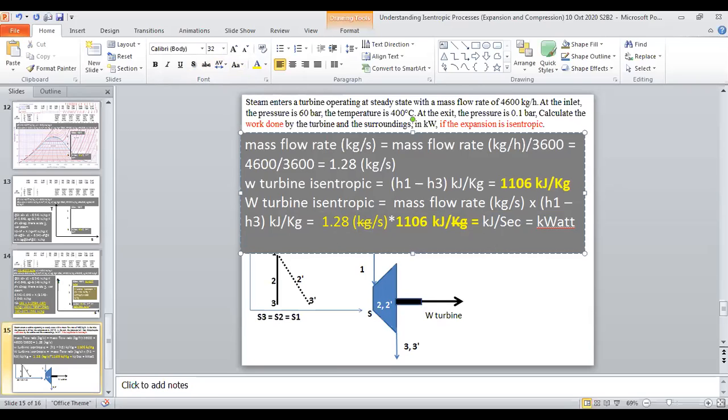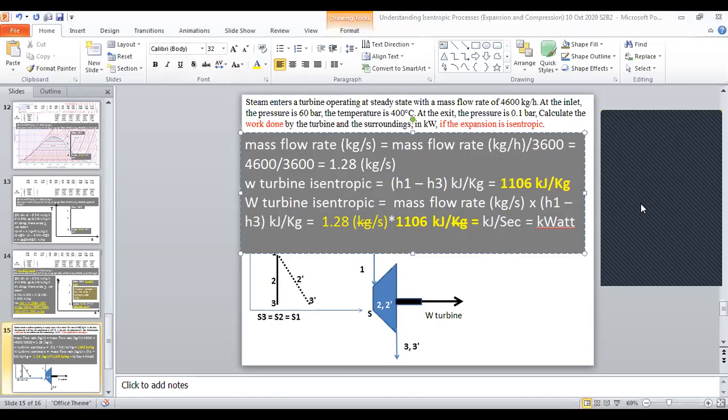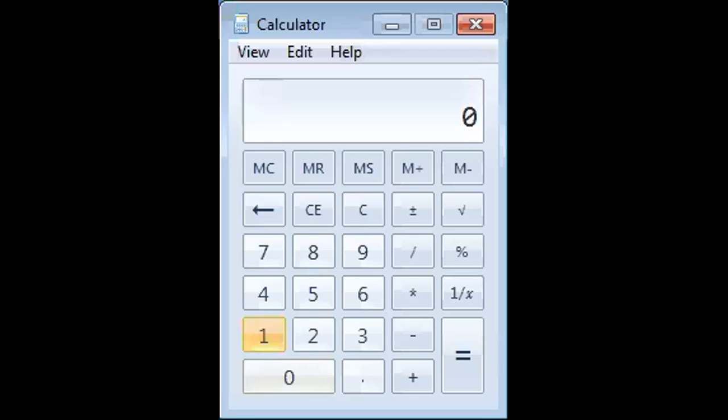So 1.28 times 1106 is 1415. Kilojoules per second means kilowatt.